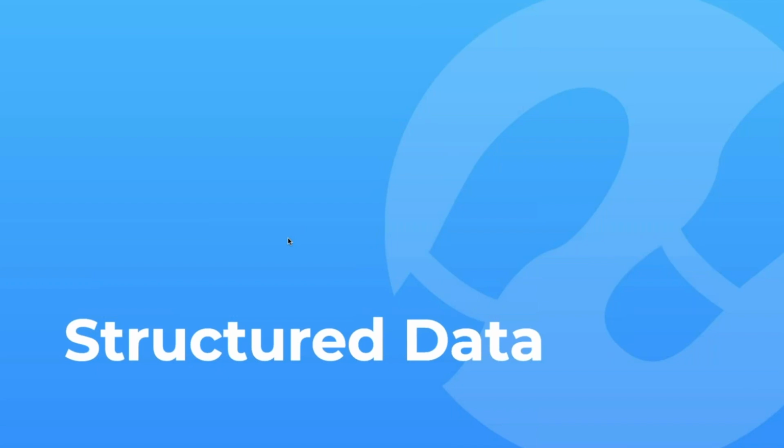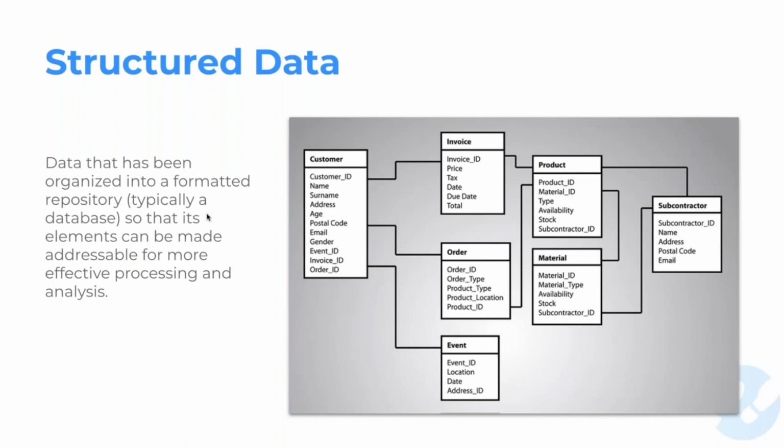If we look at the slide up right now, structured data is a term that you'll hear often when it comes to marking up your content. Really, it's more of a computer science term. Essentially, it's data that's been organized into a formatted repository, typically a database, so that the elements can be made easier for processing, searching, and querying.